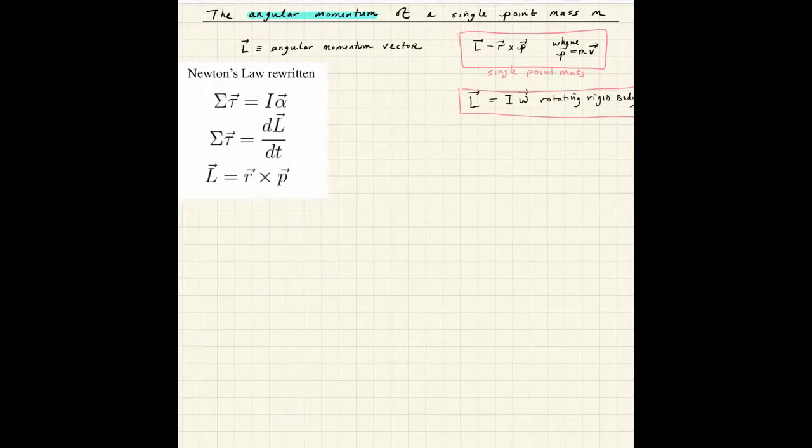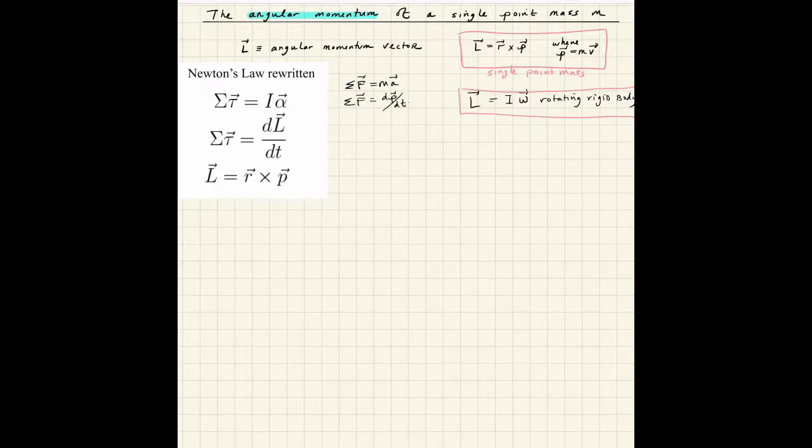What I want to talk about first is where this comes from. And we're going to find that just like when we talked about regular linear momentum, p, you'll remember that we rewrote Newton's second law, the sum of forces equals ma. We rewrote it as the sum of forces equals dp dt.